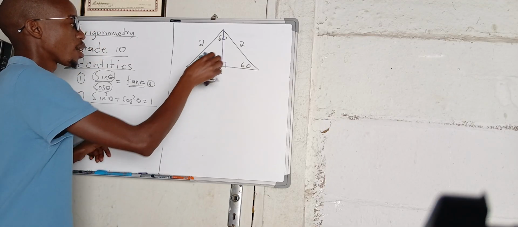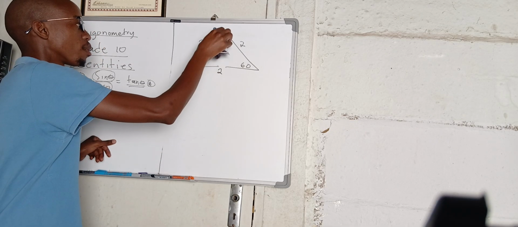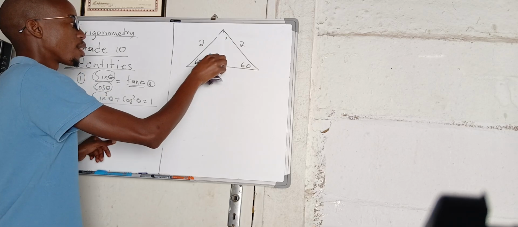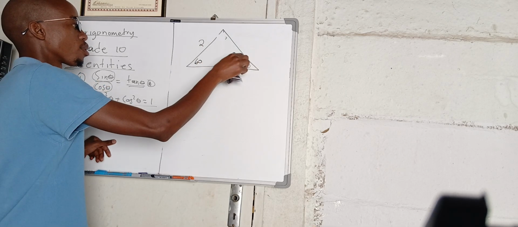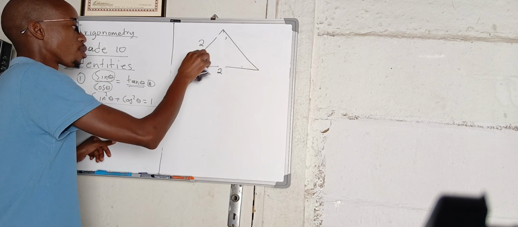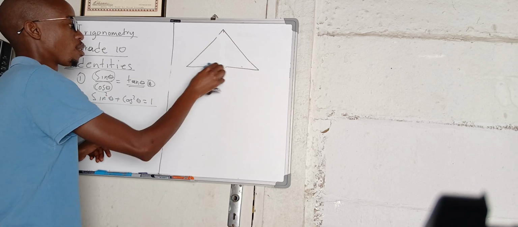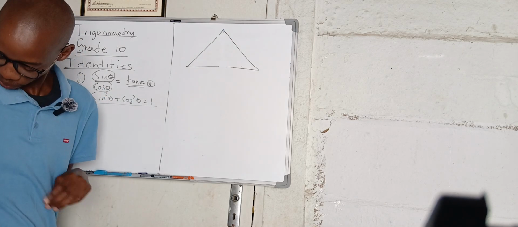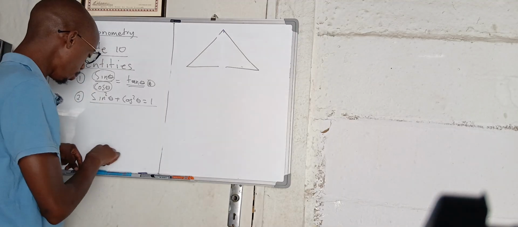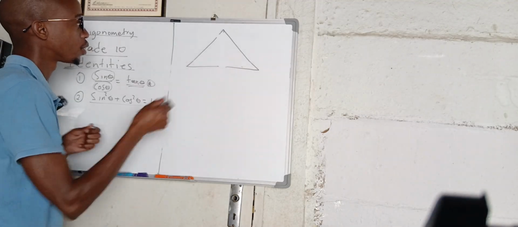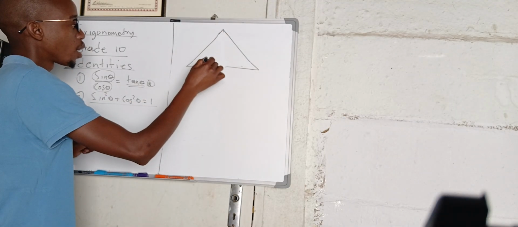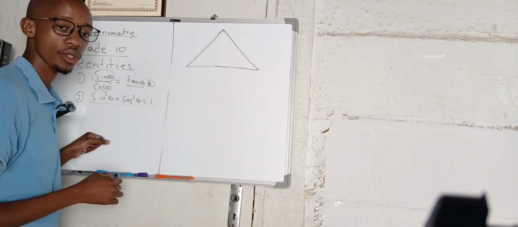Now let's check the second triangle. For this second triangle, I'm going to use the very same approach, but now with different values. Let me start from scratch also. I'm going to use what I call an isosceles triangle. What is an isosceles triangle?